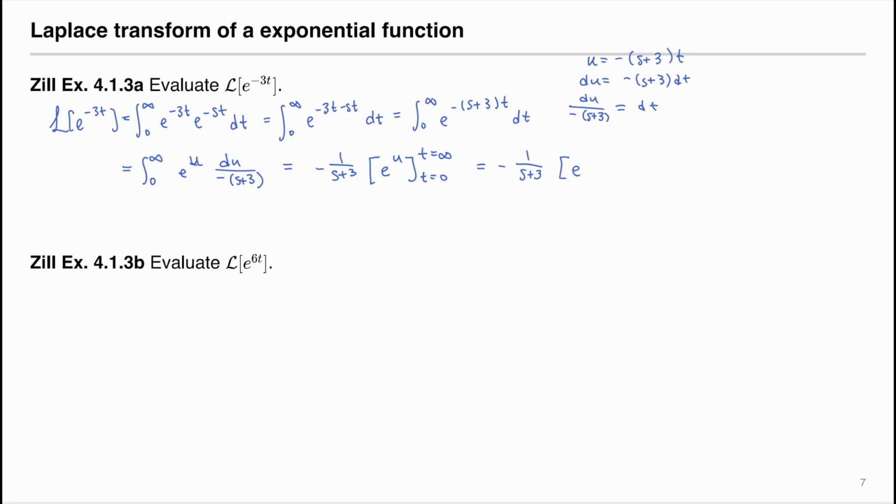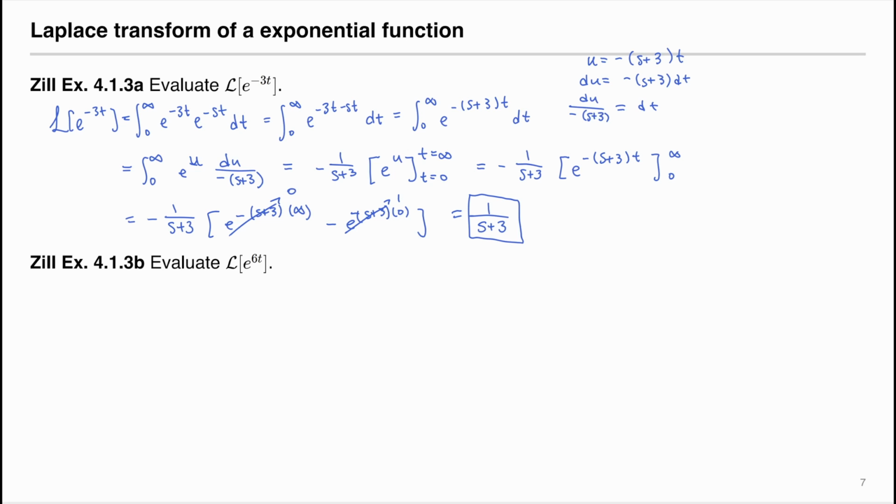So u equals negative s plus 3 times t, from 0 to infinity. And then negative 1 over s plus 3, I substitute infinity in e to the negative s plus 3 times infinity, minus e to the negative s plus 3 times 0. We have negative e to the negative infinity, which goes to 0, and e to the 0, which is 1. And there's a negative sign here, so we have plus 1 over s plus 3 as the Laplace transform of the exponential function.